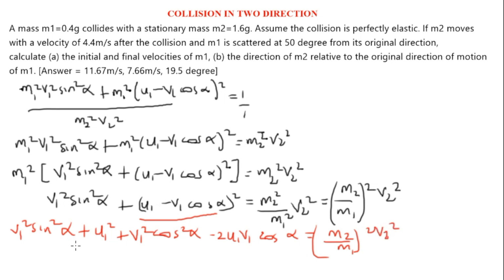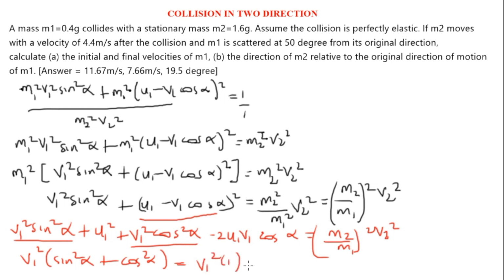But don't forget that this and this are common, because I can bring out v1 squared and say sine squared alpha plus cos squared alpha, and that expression is this. Yes, because sine squared alpha plus cos squared alpha is equal to 1. So I will eventually have v1 squared.